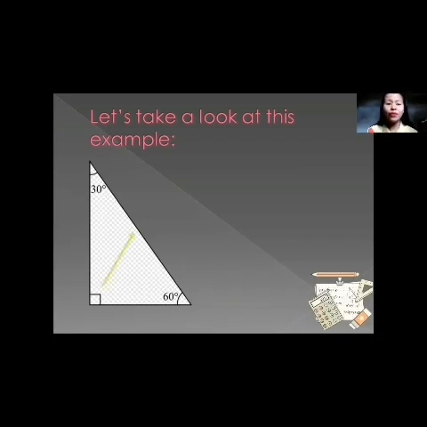The side of the triangle opposite to the 90 degrees angle is called the hypotenuse, whose measure is equal to twice the measure of the shorter leg. Yes, A stands for the shorter leg.